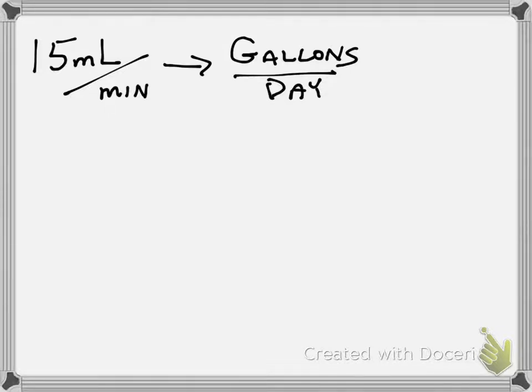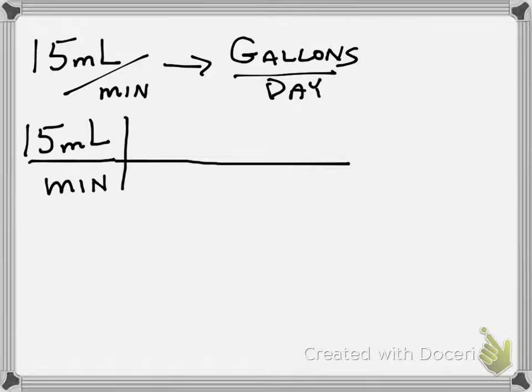How we do this conversion is we are going to begin with what we know, that we have 15 milliliters per minute. Now, focusing on one dimension, let's do the volume dimension first, converting milliliters into gallons. Then we'll worry about our time dimension of minutes into days.